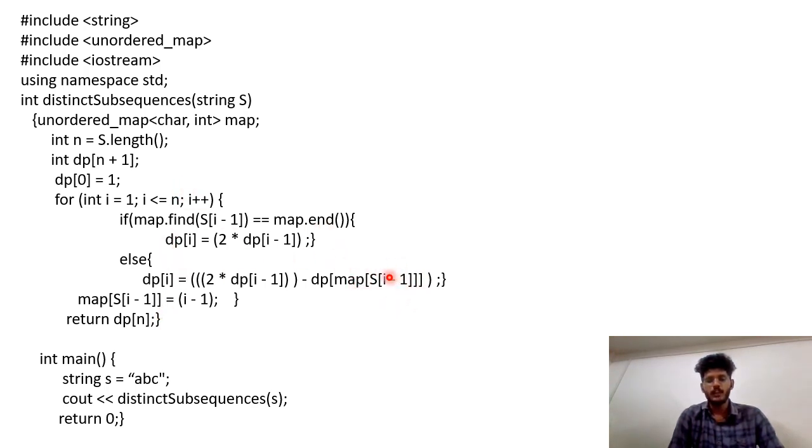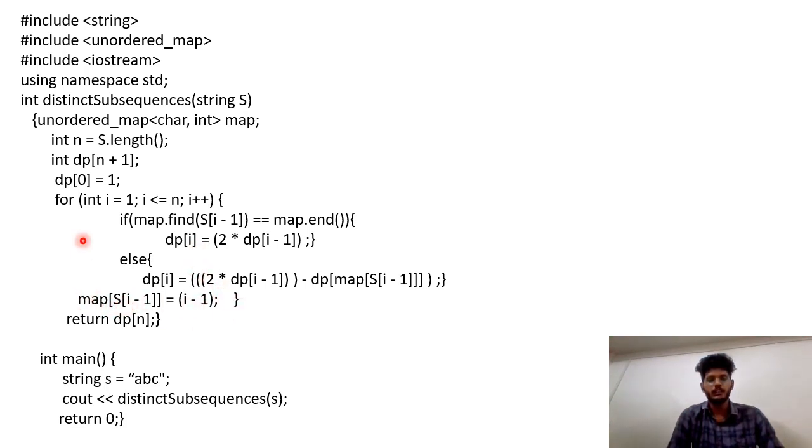As we use the unordered map, it holds the latest occurrence of the character. We store the latest occurrence so that the duplicates are removed. At the end, we come out of the loop.